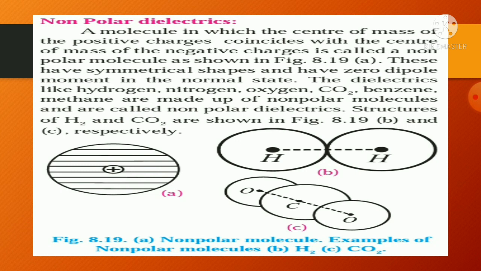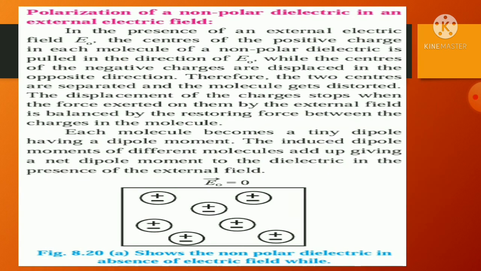In the carbon dioxide molecule, carbon is the central atom, and two oxygens are placed on the two adjacent sides of the carbon. In this way, carbon dioxide molecules are formed. These explanations of non-polar molecules are completed here.